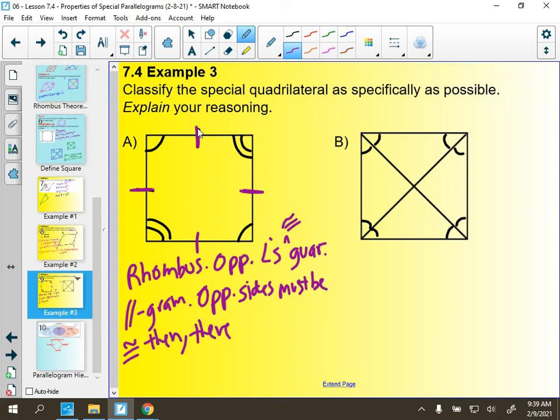Therefore, all sides equal, therefore equilateral. How about we say that? Drop a vocab word there. Equilateral guarantees rhombus. Oh, look at all that writing. We can do it.